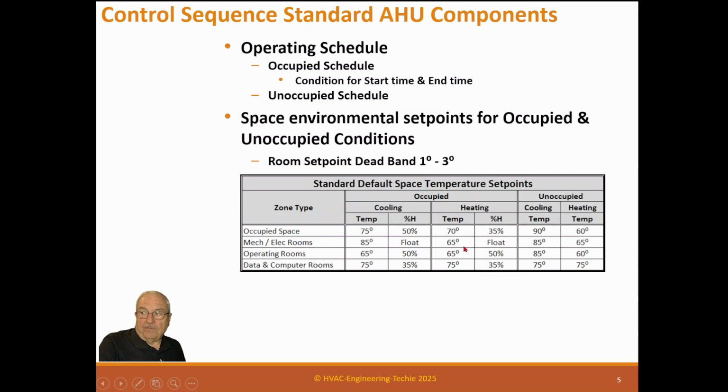Mechanical rooms, 85, 65. Operating rooms, 65 degrees across the board. Data centers, 75 degrees. Now, this is older data. We used to be told by the computer guys that their processors needed 75 or 68 degree air, cold air at the chip level, because the chips need cold air to function.